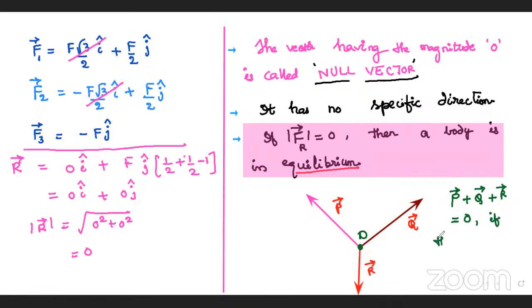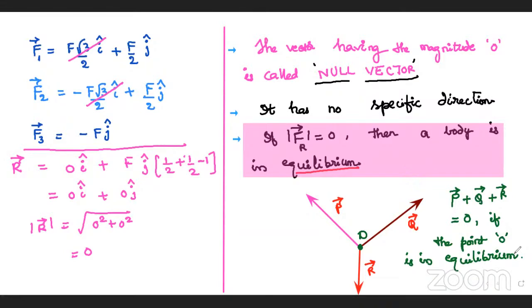What condition? If the point O from which they originate is in equilibrium. Here I am using the word equilibrium. So if the point O is in equilibrium, directly you can say in a problem that O is in equilibrium, from which they originate.